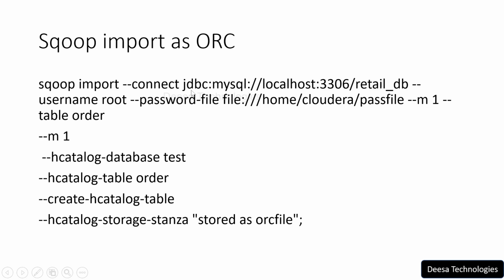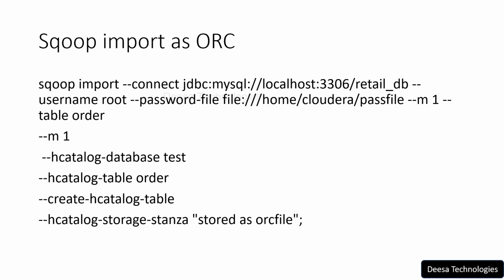When you import to that table, behind the scenes it is getting stored in the HDFS location that is mentioned, right? So that way you will have this data as an ORC file in that location. So let's just jump ahead and create this.